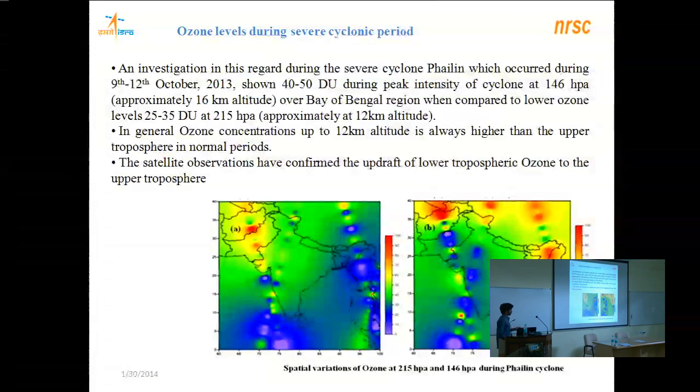During the severe cyclone Phailin, we saw an updraft of ozone levels in the upper troposphere. That means ozone is moving from the lower troposphere to the upper troposphere. In normal conditions the lower troposphere values will be high, but due to the severe cyclone, due to deep convection over the Bay of Bengal, there is an updraft of the ozone levels in the upper troposphere.